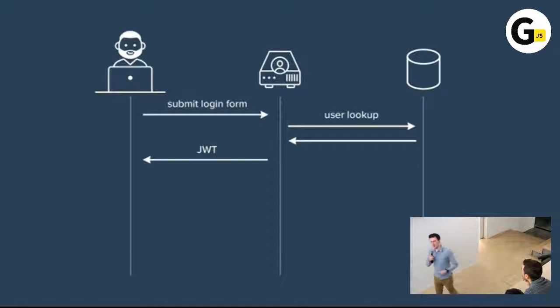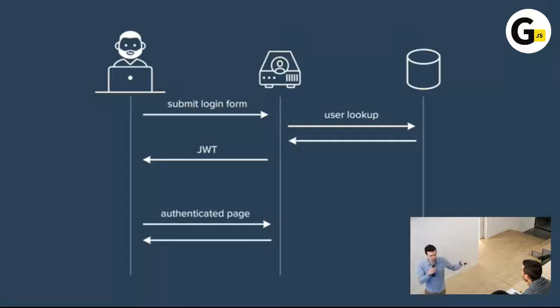And on every following request, we send along that JSON Web Token again, and now we can just read the contents, verify the signature, and we don't even need to query our database anymore or have shared session storage. So we basically get faster response times. We have to do a lot less database lookups, and we kind of don't really need sessions anymore. But don't quote me on that.